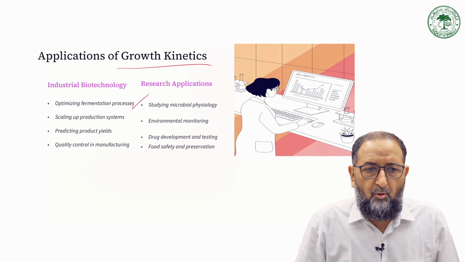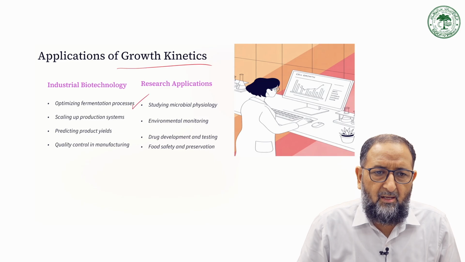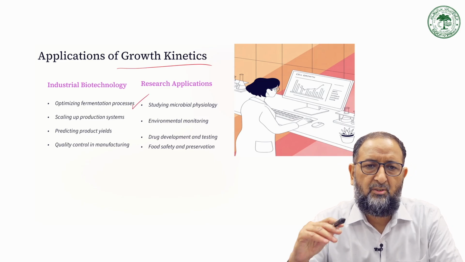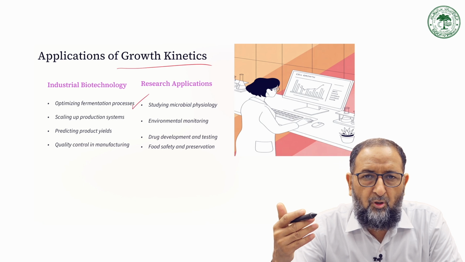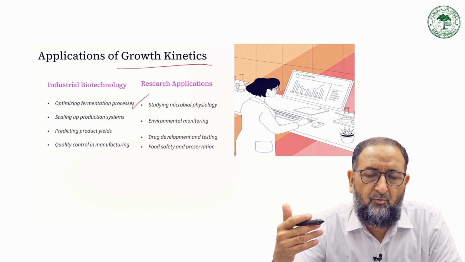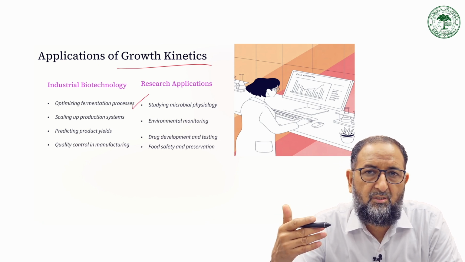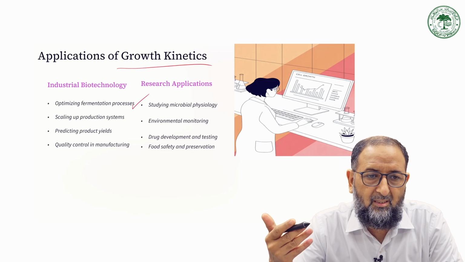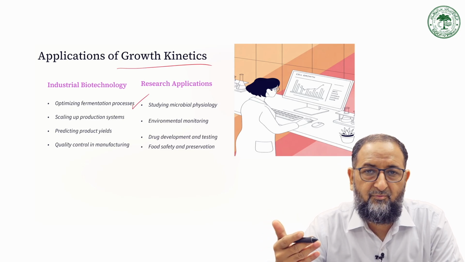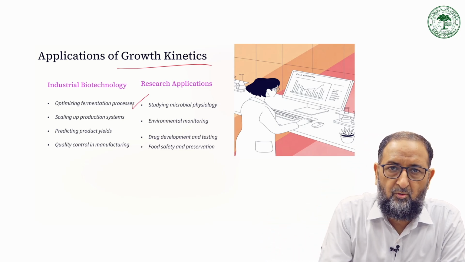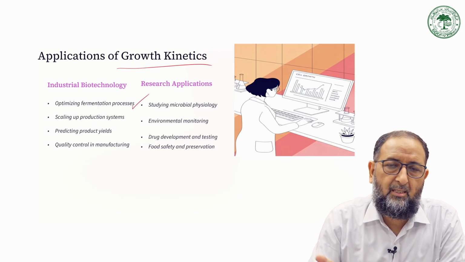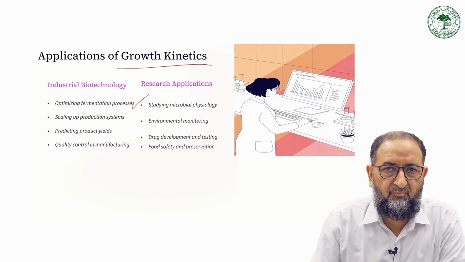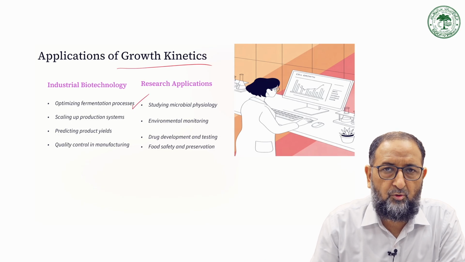Quality control also depends on which product you are developing and what the precursor is, or what the requirement of nutrients is to get the better product. This can also be calculated: if the growth rate is low, meaning growth kinetics is low, then you can replace that nutrient for the production, for the fast or slow growth of the microorganism.